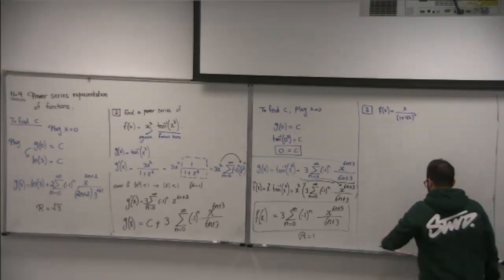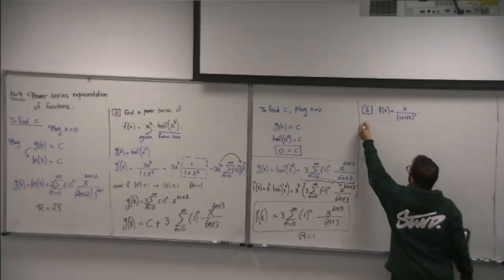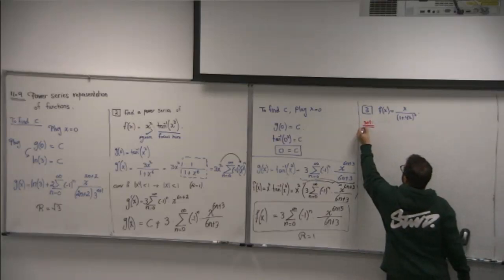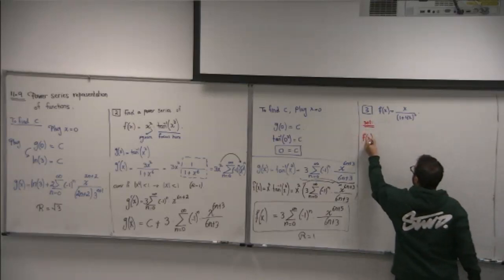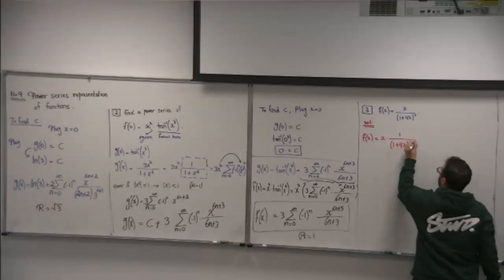First, let me put 1 on the top. So solution. Again, find the power series of this function. So f of x equals x multiplied by 1 plus 4x all squared.